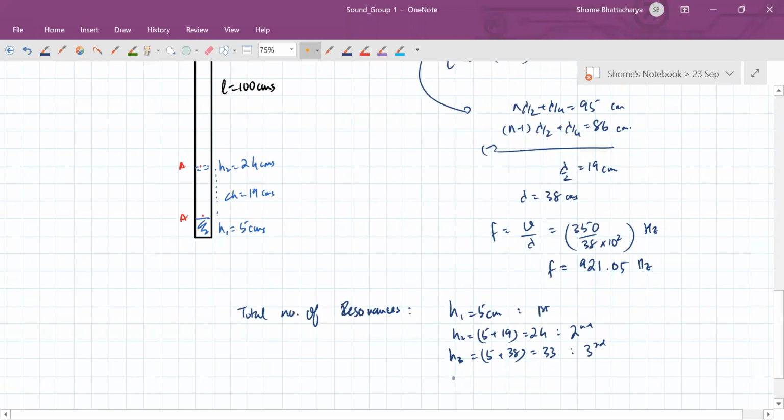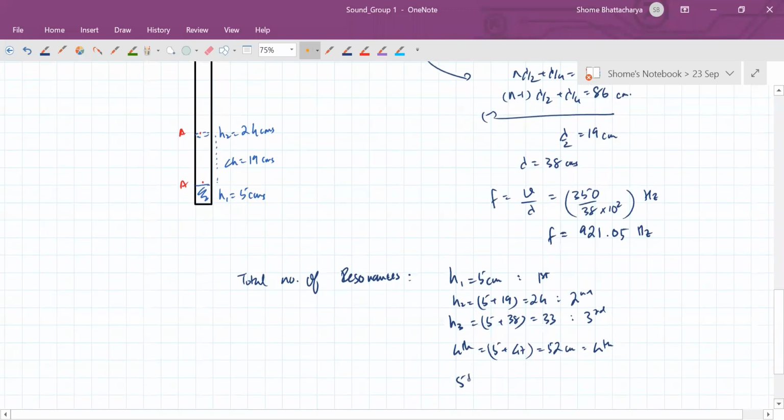Similarly, fourth one will be at 5 plus 57. So like this you can see the number of resonances till you reach a situation where you have only quarter of a wavelength.